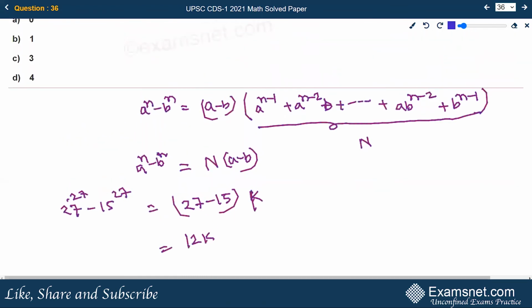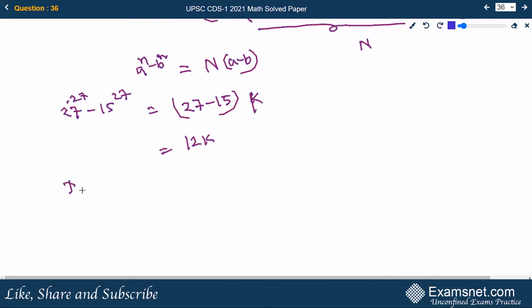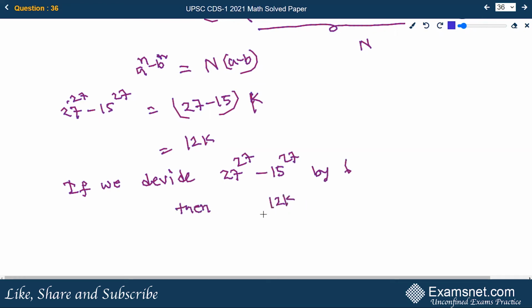If we divide 127 to the power 27 minus 15 to the power 27 by 6, then we have to actually divide 12k by 6, correct? It will result in 2k.